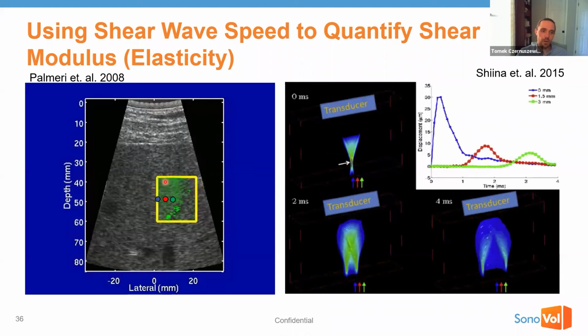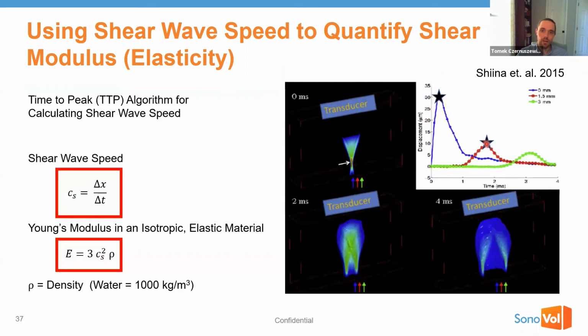So what we do is, on a per pixel basis, we estimate the arrival time of when the wave gets to each pixel. We know the delta t from the different arrival times, and we know the pixel dimensions, the delta x. The delta x over delta t gives us speed. So for every pixel, we can compute how fast the shear wave is going.